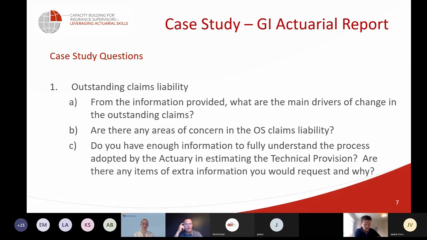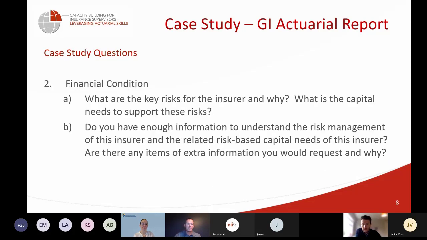That will be for the folks in a room with me. Next, do you have enough information to fully understand the process adopted by the actuary in estimating the technical provisions? Are there any other items you would request? That would be for those of you in a room with Britta. And the fourth group will take question 2A: what are the key risks for the insurer and why?